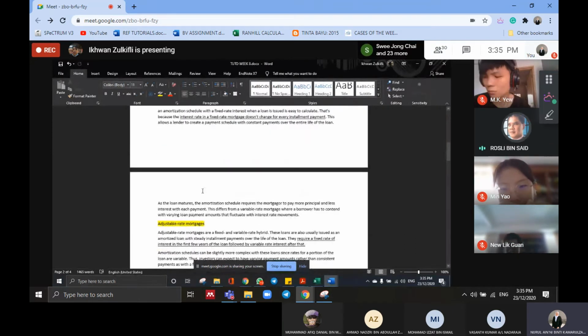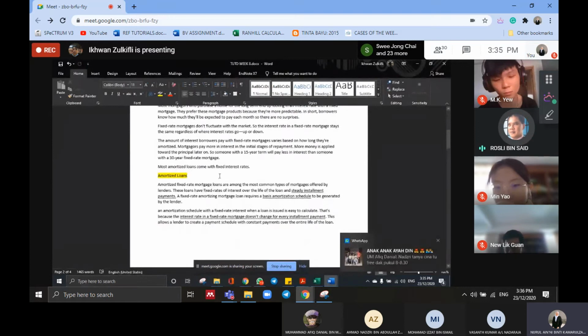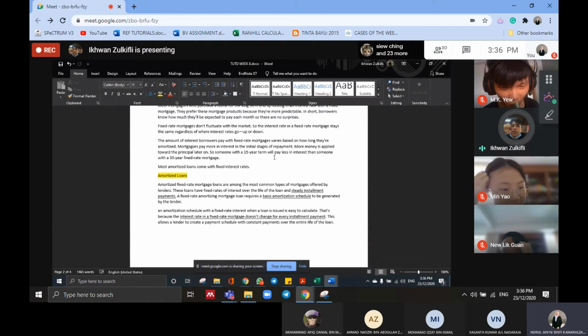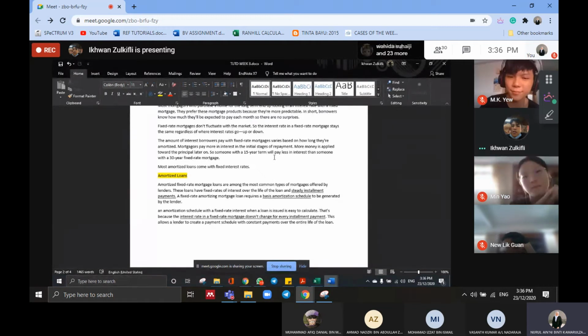You have, okay, amortized loan, which is wrong. Why do you call it amortized loan? Well, amortized loan is basically the loan with a fixed interest rate, and the amortized is a steady installment.